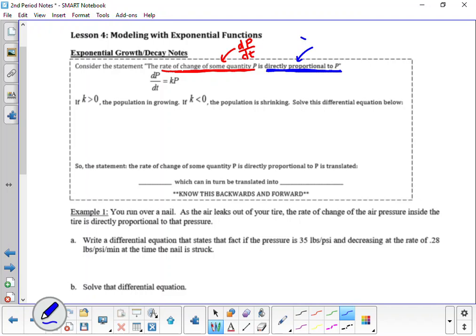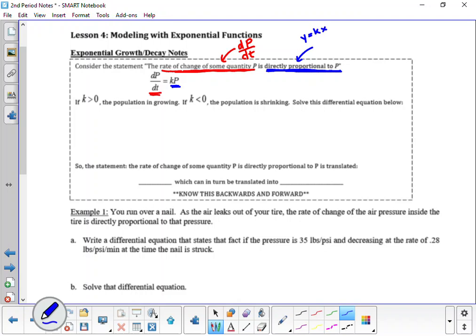Directly proportional is y equals kx, but since it's directly proportional to p, that's why we write it as the rate of change, the rate of change dp dt is directly proportional to p. That means dp dt equals kp. Okay.